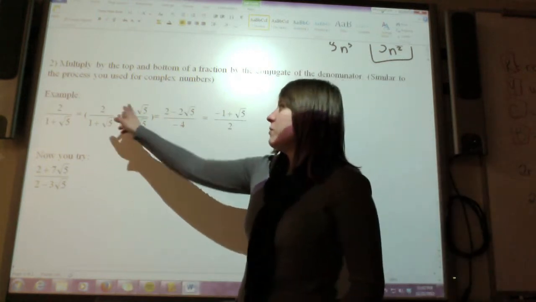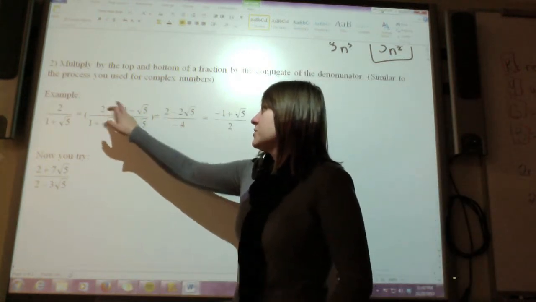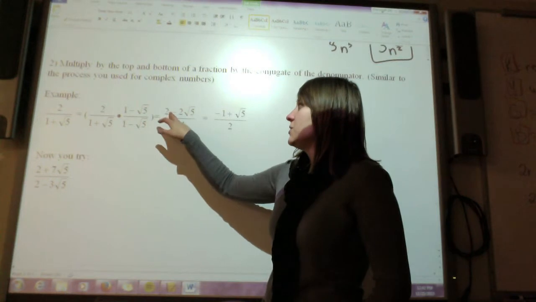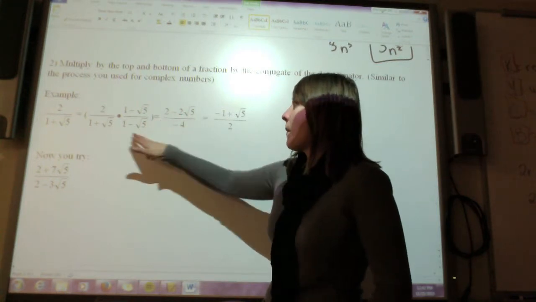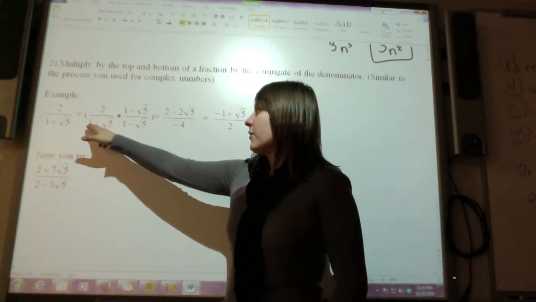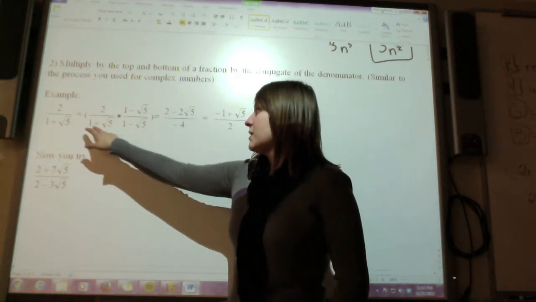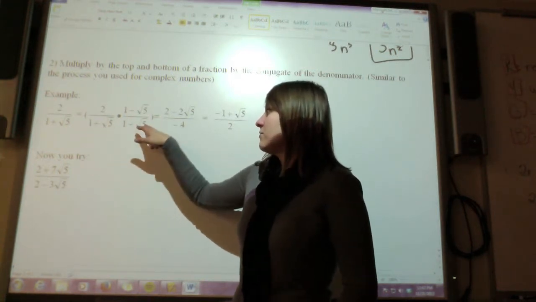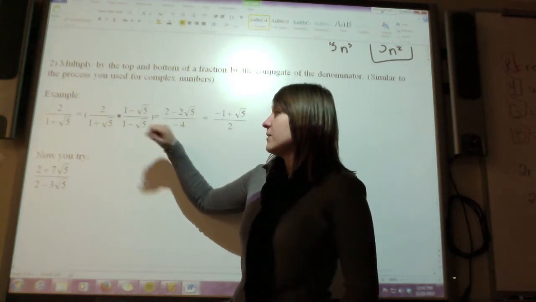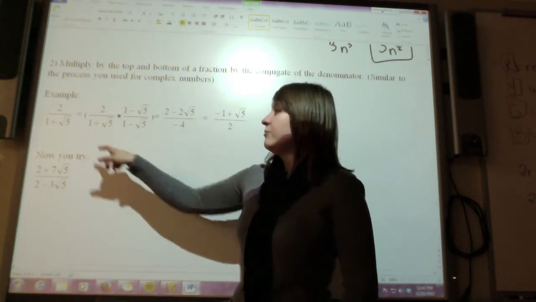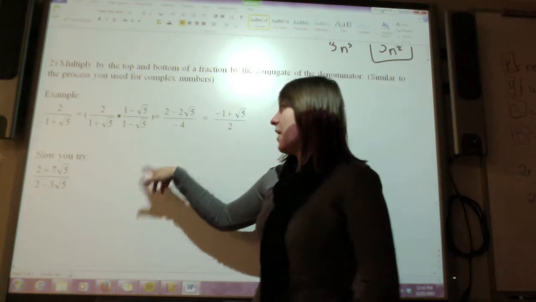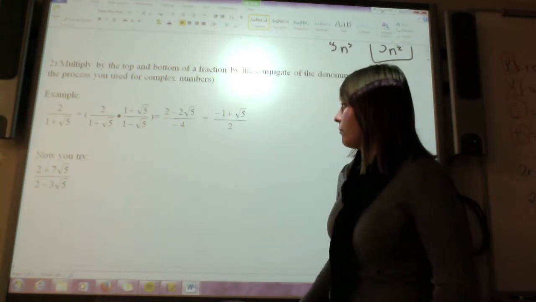So then if I multiply that through, up here I would just distribute to each part, so I get 2 minus 2 square root of 5. Whereas down here I have to FOIL, so 1 times 1, square root of 5 minus square root of 5, and square root of 5 times negative square root of 5 gives me negative 5. So essentially I have 1 minus 5, which gives me negative 4.